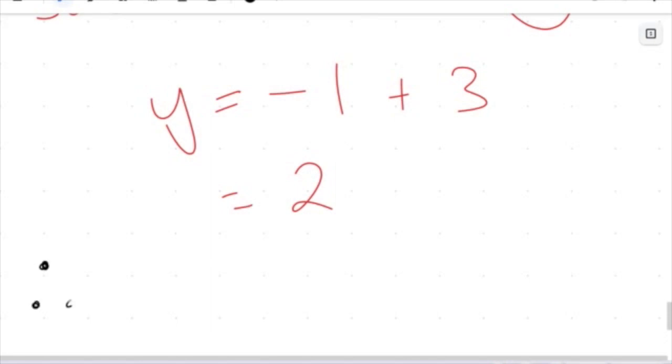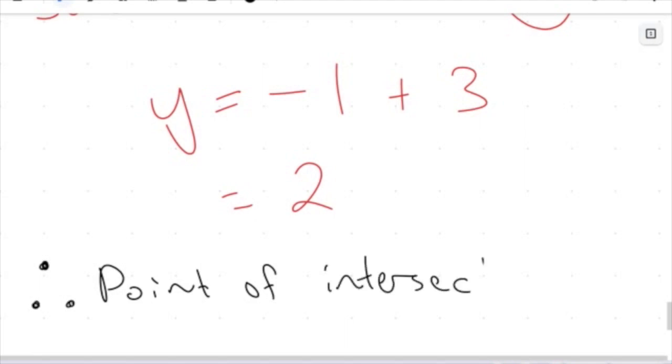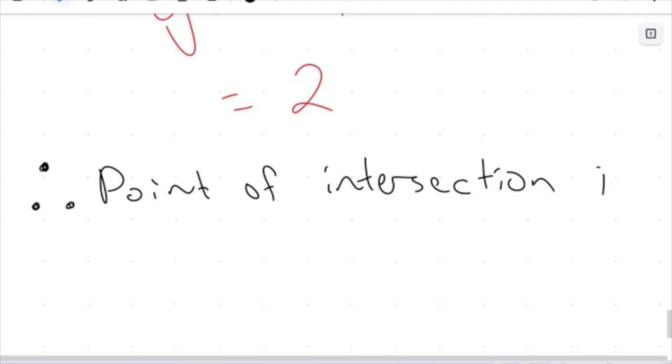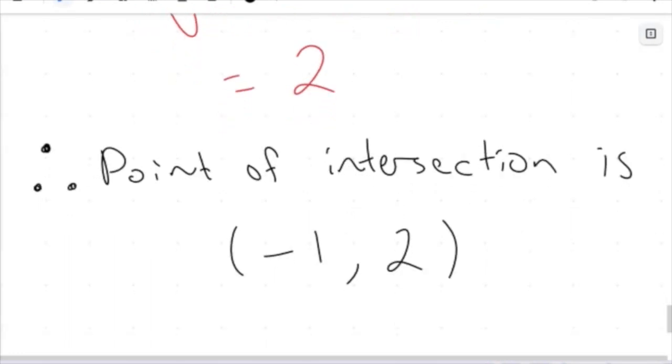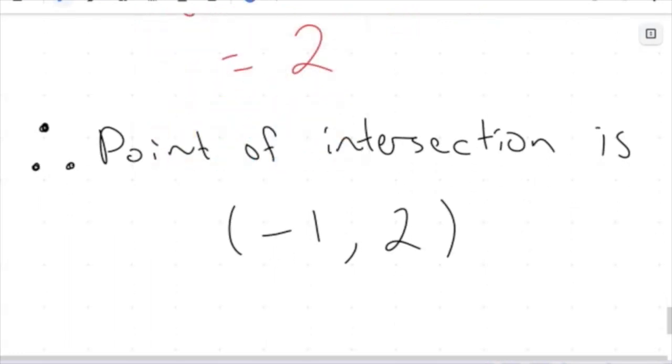So, in doing this process of substitution, assuming that where the lines intersect, their x and y values are the same, we can therefore say the point of intersection, or the solution to the simultaneous equation, a value of x and y that satisfies both equations, this is the point -1, 2, where the -1 is the x solution I found by substituting in, and the y I found once I got the x, substituting that back into either equation to get an answer for y.